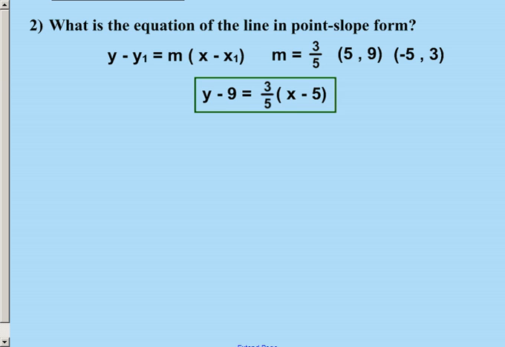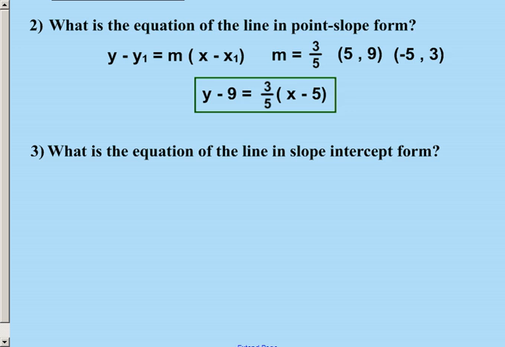And this is one of the oddities of point-slope form: if you ask 100 people to write down point-slope form of a particular line, it is feasible that you would get 1,000 different answers, and every single answer would be the truth. In this case, I just took the very first point: y minus 9 equals 3/5 times x minus 5, plugging in directly from the slope and the very first point into point-slope form.